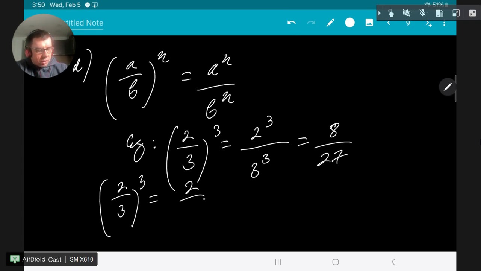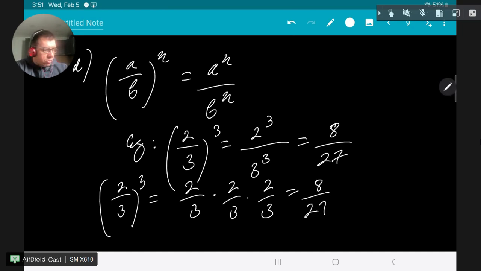So this is 2/3 times 2/3 times 2/3, and then you know how to multiply fractions. You multiply numerator by numerator, denominator by denominator. This is 8 over 27.